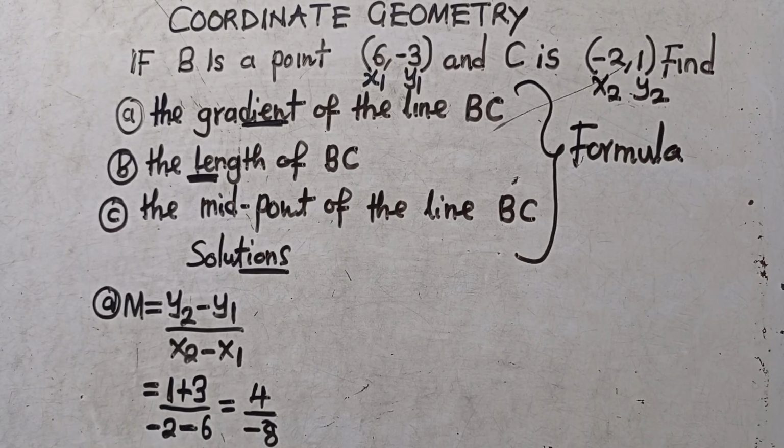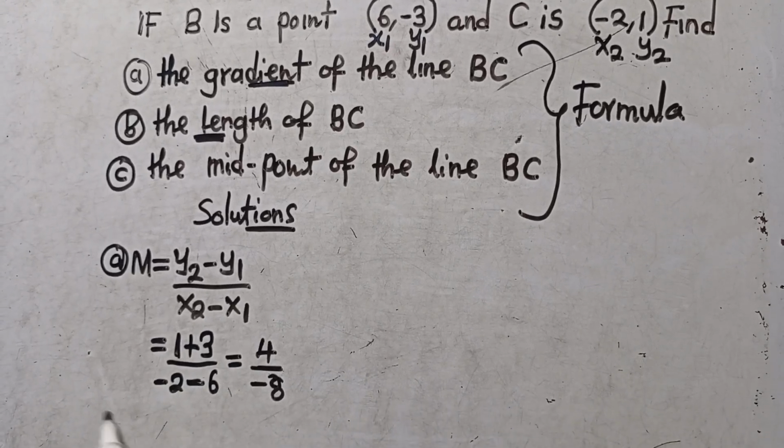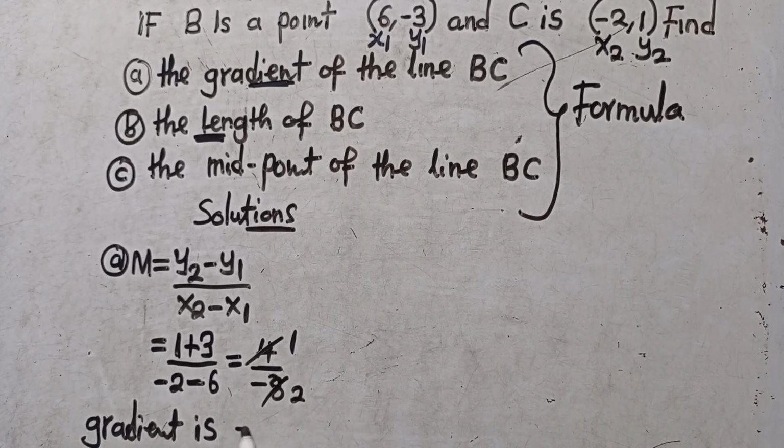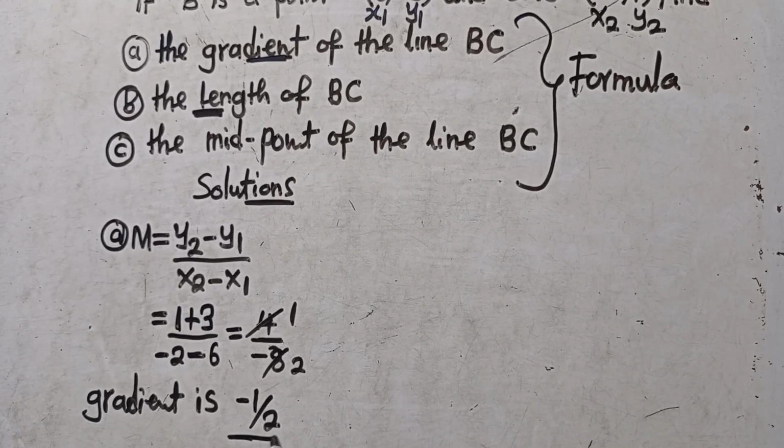If you want to conclude this, the gradient is 2 there, 4 there, it is 1; 4 there, it is 2. So we just get -1 over 2. That is the answer. That is how we find that one. We now move on to the other one.